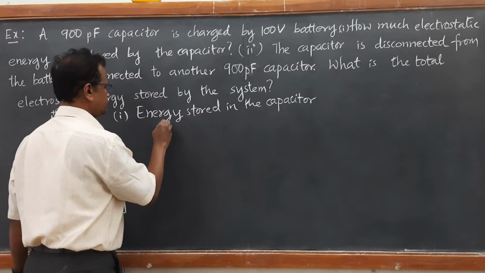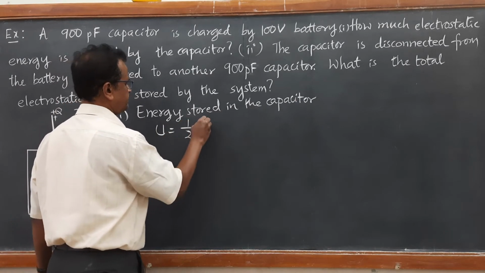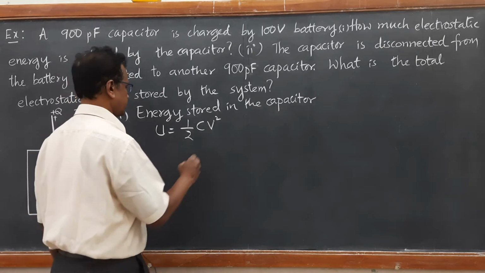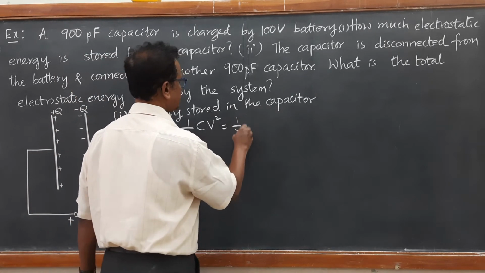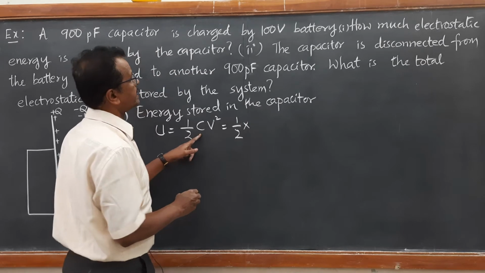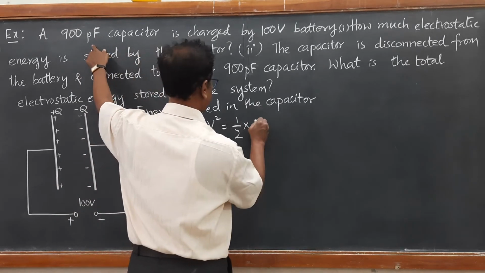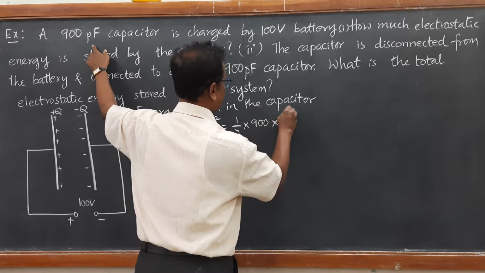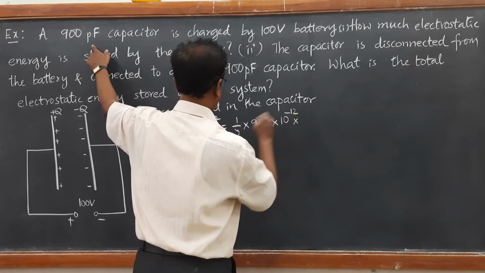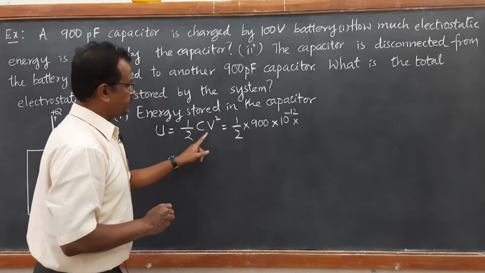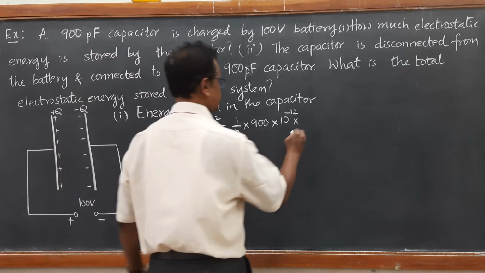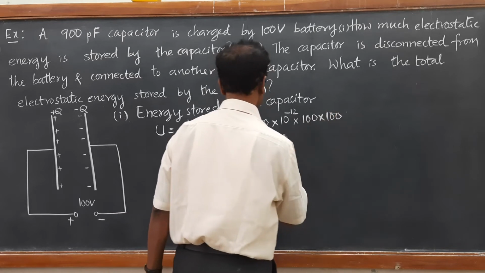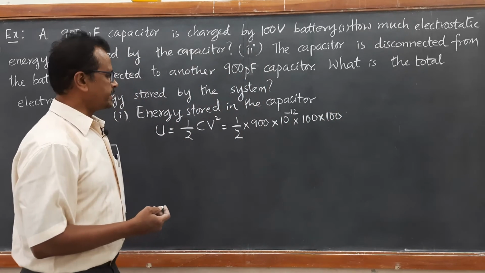So U is equal to half CV square, half into C, which is 900 into 10 to the power of minus 12 farad, into voltage, 100 into 100. So this gives us the energy.